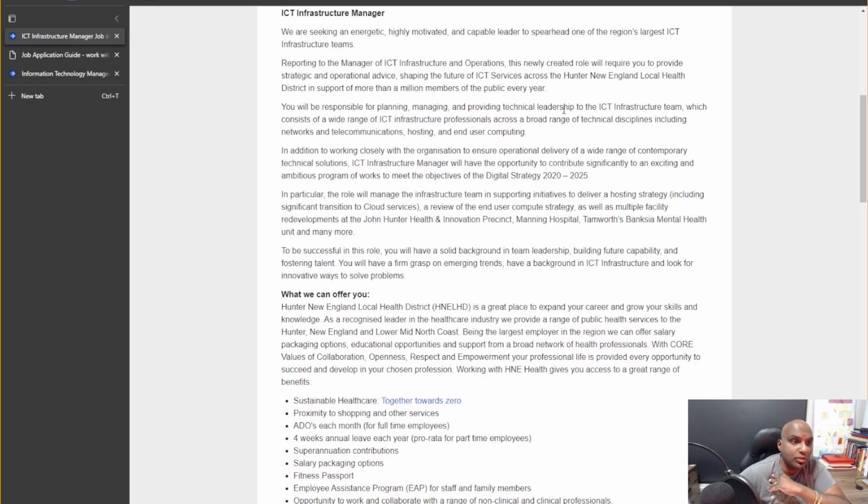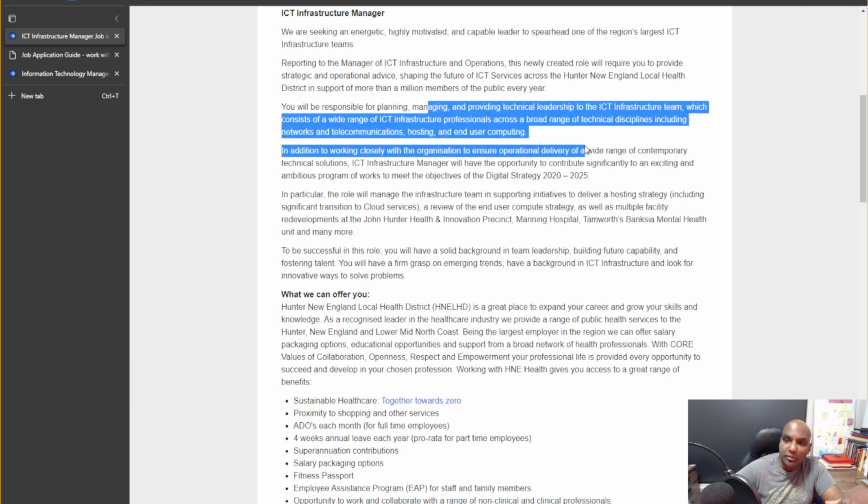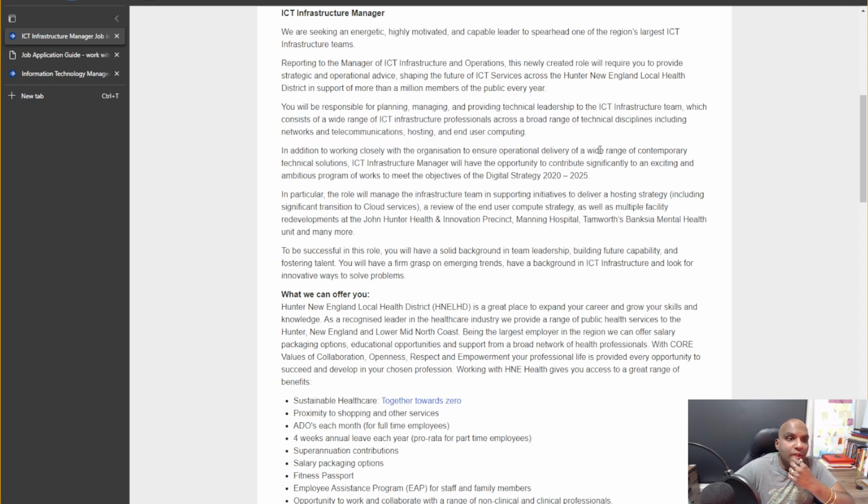So you can see from that, do you as a person have the capacity, capabilities, the skills, the exposure, the experience to be able to manage a team that diverse? And then you look at contemporary technical solutions. ICT infrastructure will contribute. So they already have the digital strategy.